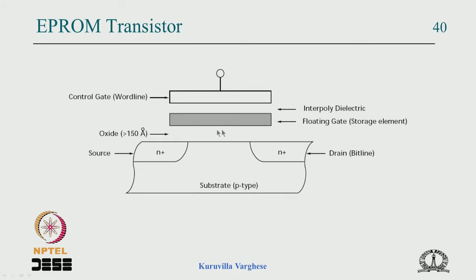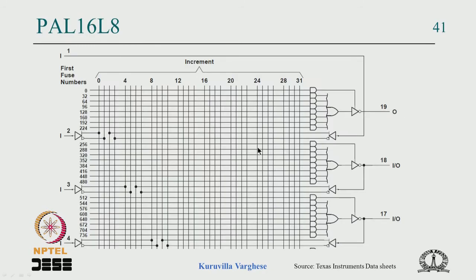Once it is programmed it is permanent, non-volatile. But if you expose it to UV, the charge gets out and it becomes a normal transistor. So to remove the connection, we trap the charge here by applying a programming pulse, grounding it, and applying the normal drain voltage. It gets trapped and it is removed by exposing to UV.